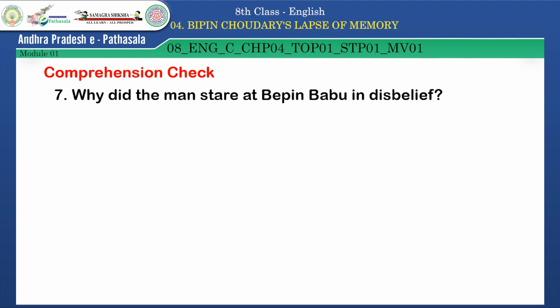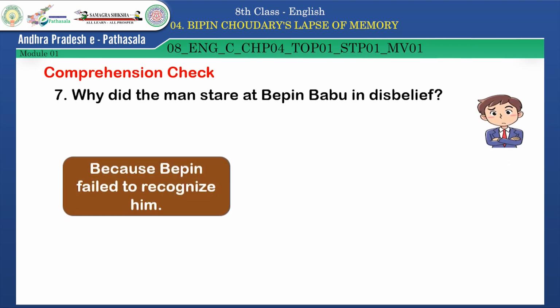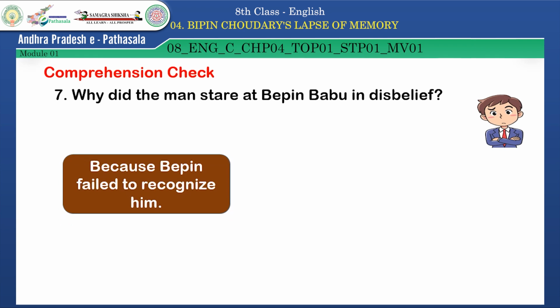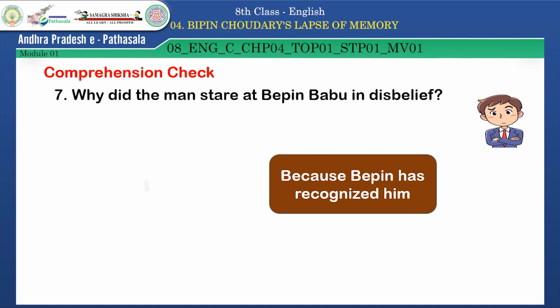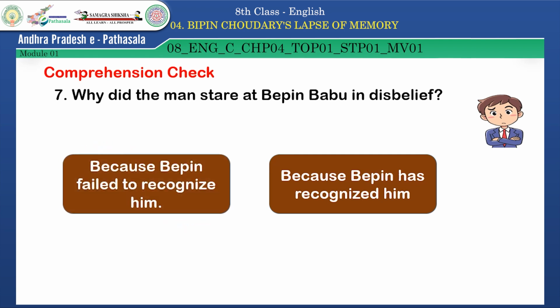Why did the man stare at Bipin Babu in disbelief? Because Bipin failed to recognize him? Or because Bipin has recognized him? Yes, you are right. Because Bipin failed to recognize him.